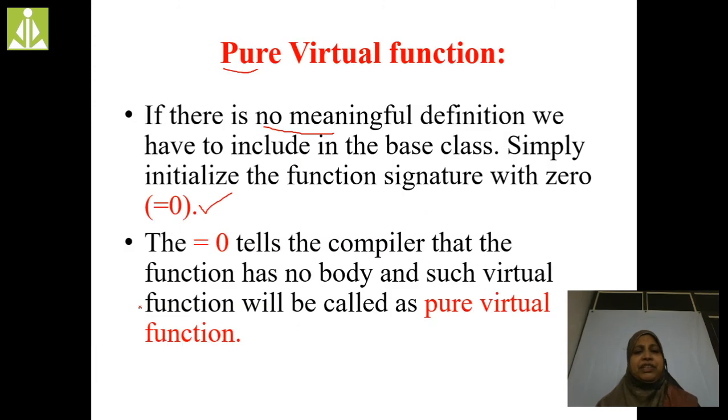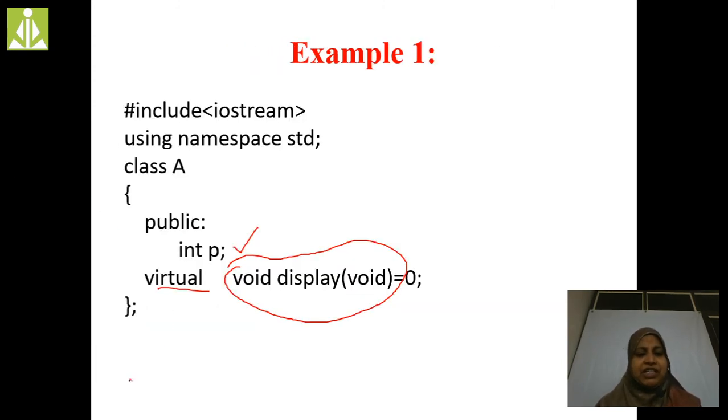But whenever we declare a function as a pure virtual function, outside the class we are not going to define any definition for this void display method. Simply we are assigning the 0 value to the function. In general, for variables, for example int a equals to 0, int b equals to 20, we are assigning values to the variables.